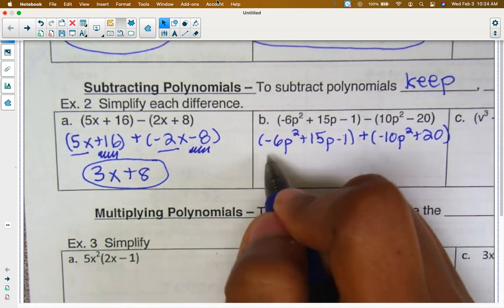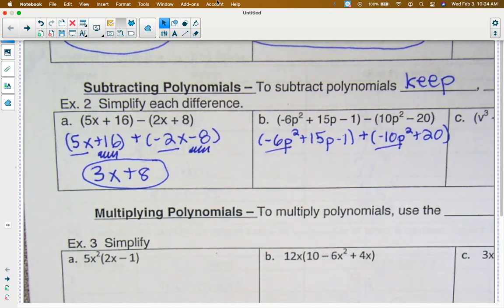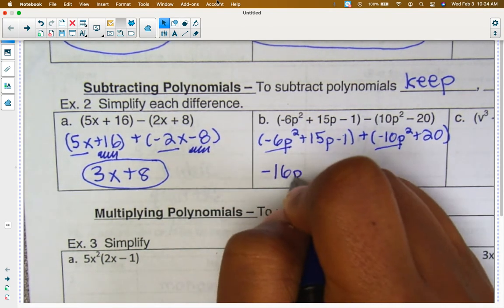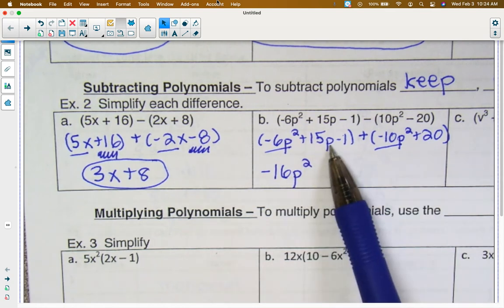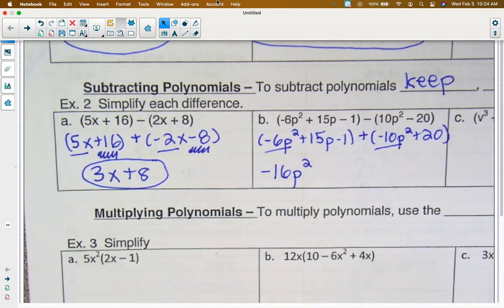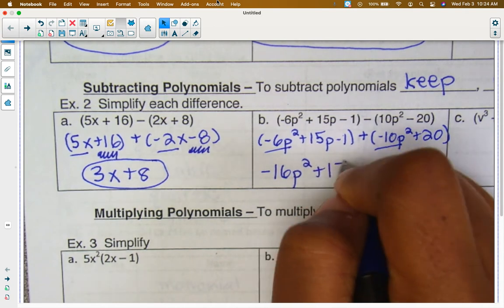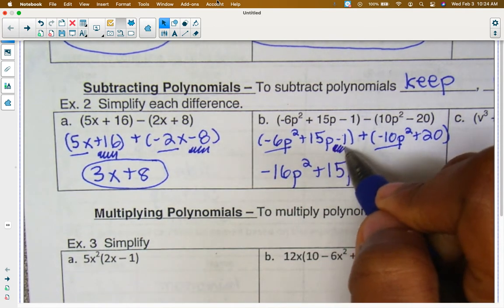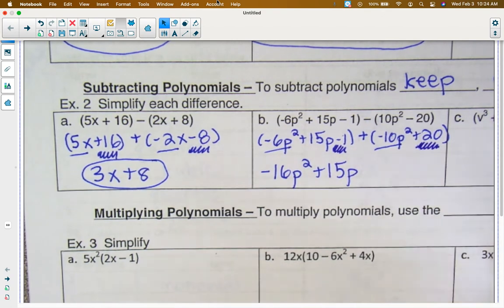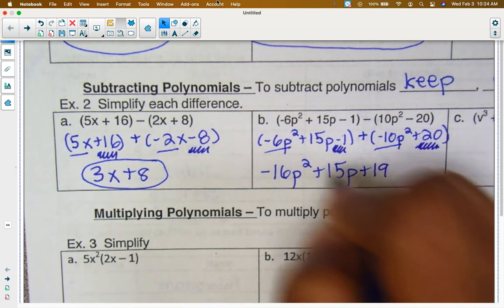Like terms, that's going to give me negative 16p squared. I only got one p term. I only have one linear term, so that's going to come straight down. Nothing goes with it. Bring it straight down. But I do have some constants that go together. Negative 1 and 20 is going to give me plus 19.